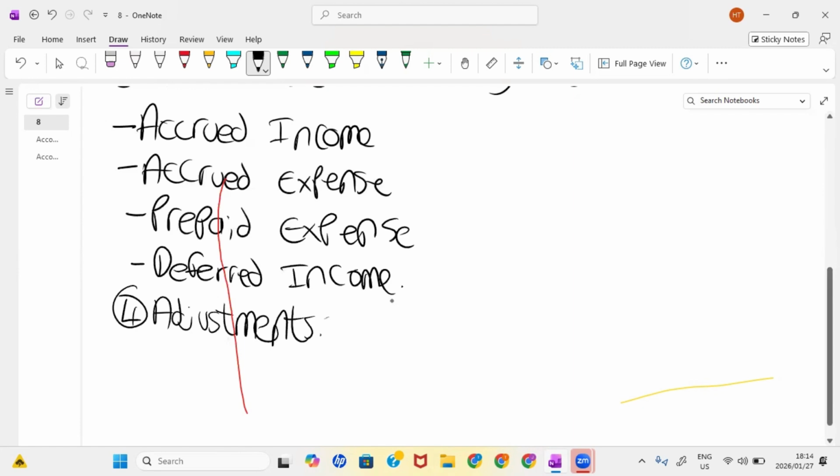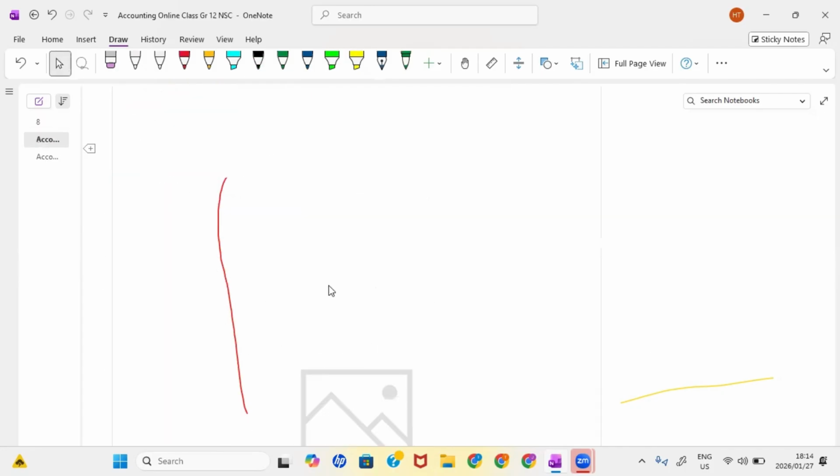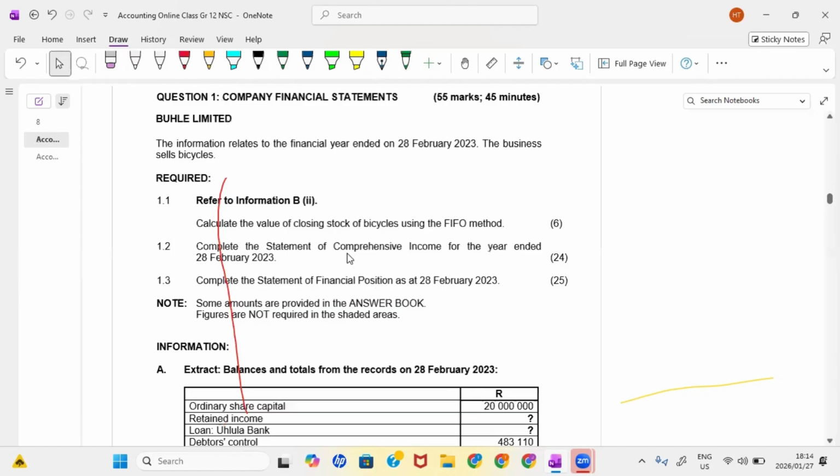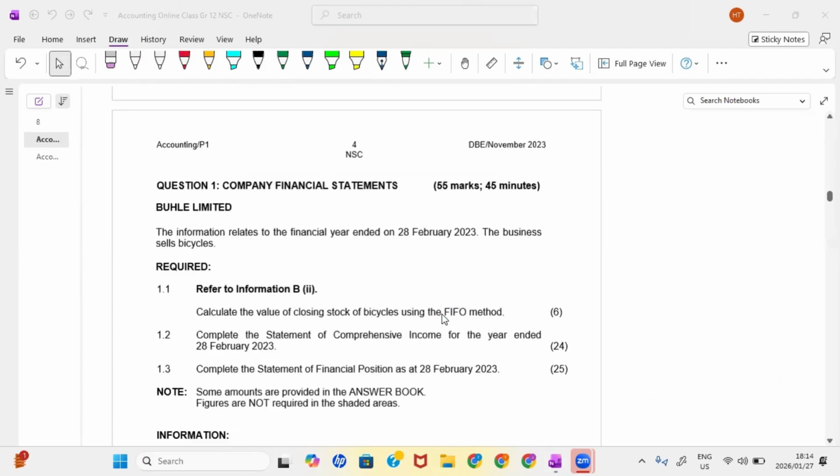So today, what I want us to do is take things a step further. I have a question here. It's a past paper from November 2023, the November exam.